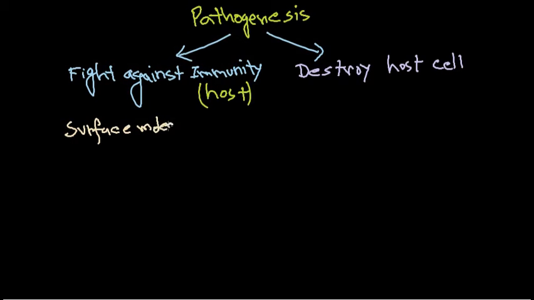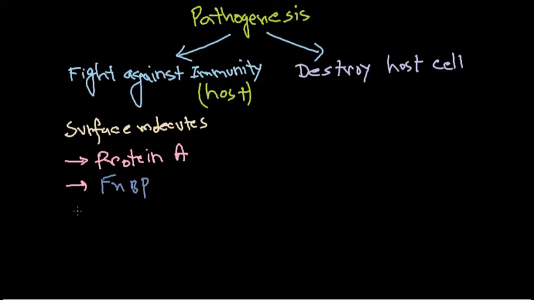Now what are the surface molecules that we are talking about in the case of Staphylococcus species? Surface molecules like protein A. It's a surface molecule of Staphylococcus species. As well as fibronectin binding protein, or FNBP.